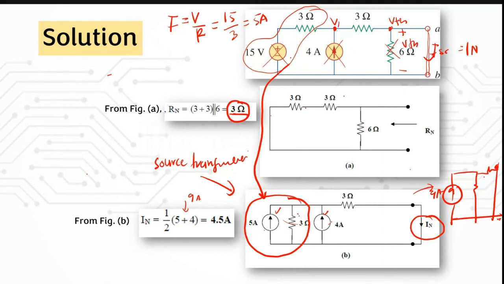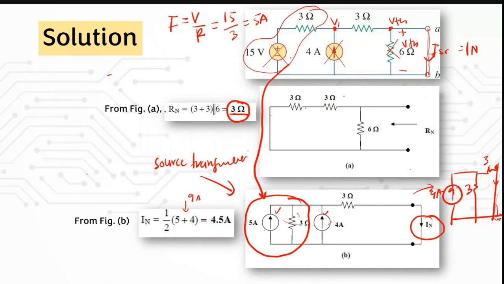So this circuit, you can use the current divider where you have this 3 and this is the 3 ampere. You want to get this IN, this IN here, which means you want to calculate this ISC here.